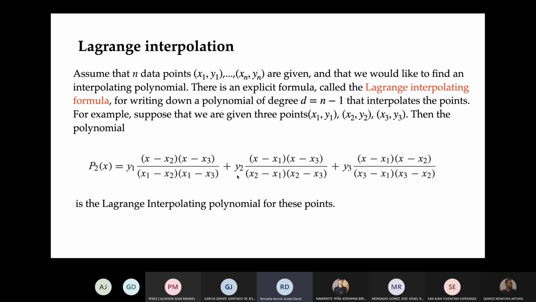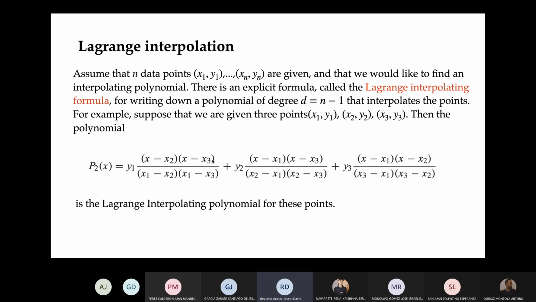So you can notice there is a pattern here. First of all, it always starts with the y value: y1, y2, y3. Then all of these terms include the x's.